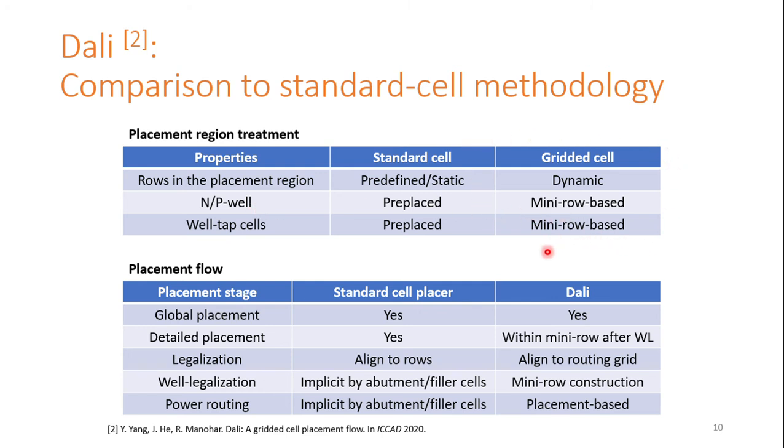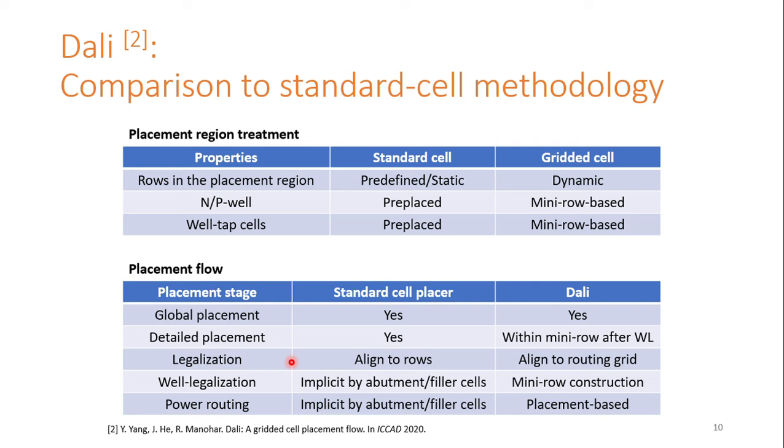In terms of placement flow, global placement is shared in standard cell placement and DALI. For detail placement, standard cell placer can do detail placement for the whole design, but for DALI, detail placement is restricted within mini rows after well legalization.